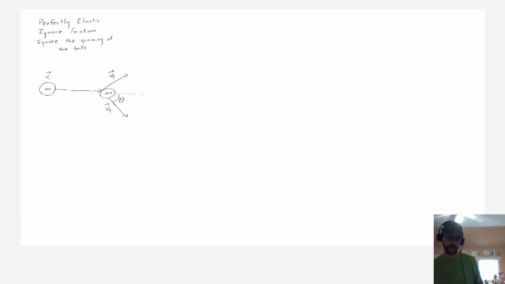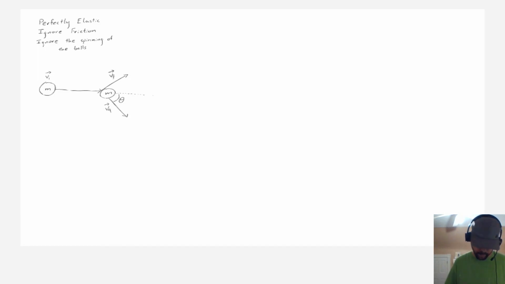But let's imagine that there's no spin that would interfere with this interaction. So the first thing, it's perfectly elastic, so that means both momentum and energy are conserved.